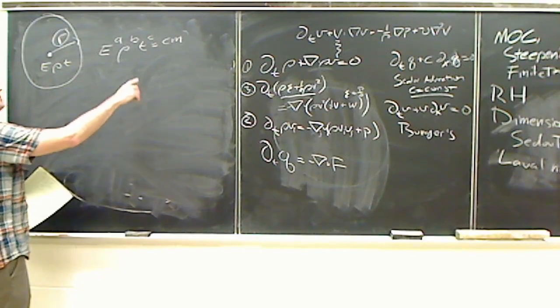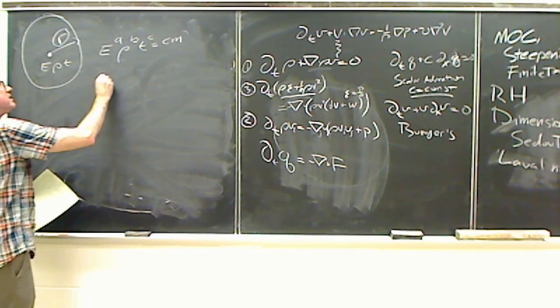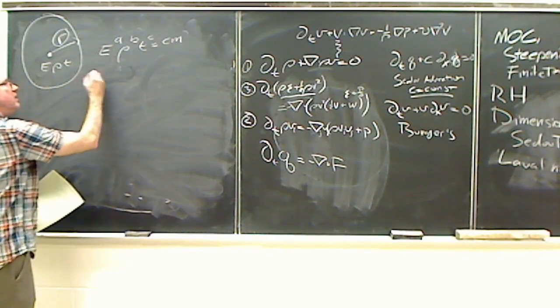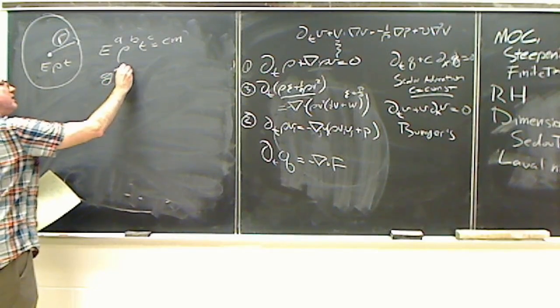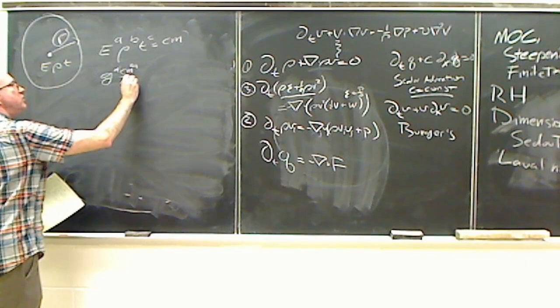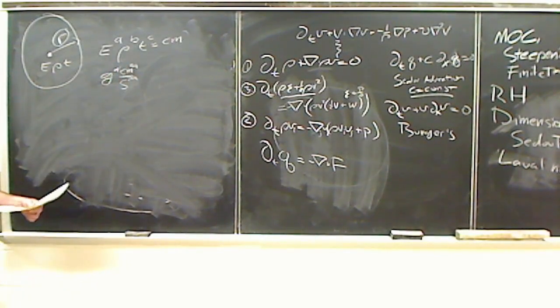So E is an energy, so this is going to be a centimeter to the A, a gram to the A, a centimeter to the A, to the 2A, divided by seconds to the 2A. I'm just raising energy to the A, plugging in what the constituent units are.